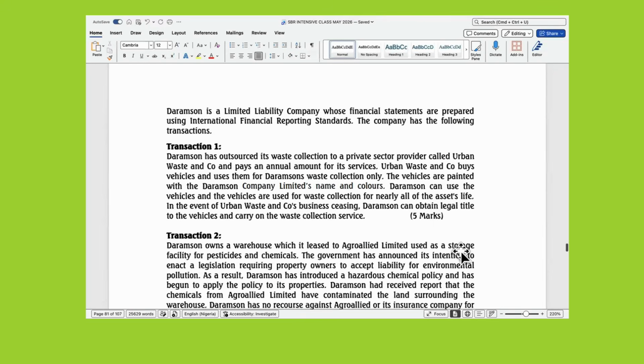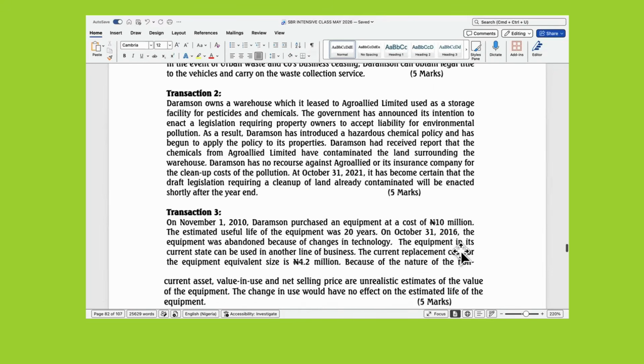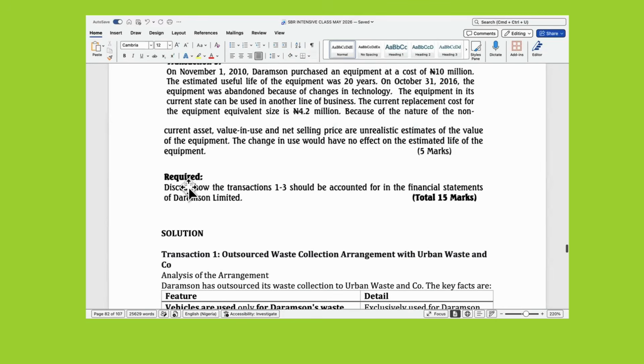Now, this question says: discuss how transactions 1 to 3 should be accounted for in the financial statements of the Ramsey Limited, for 15 marks.